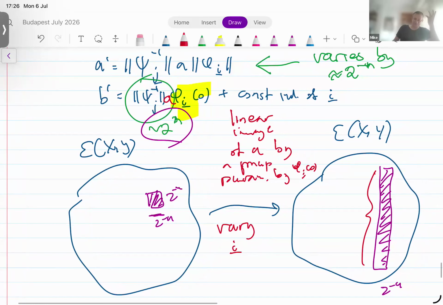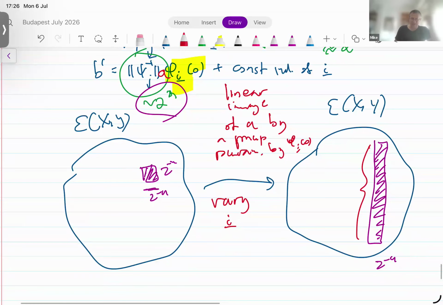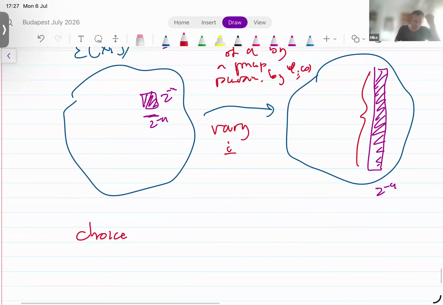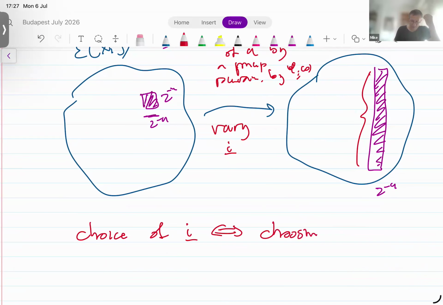Why is that important? Well, it's important because I'm in a position to apply a projection theorem. Because the phi I of 0 is essentially a point in the attractor X, and X has positive dimension. So the choice of I is essentially choosing a projection from a positive dimensional set.